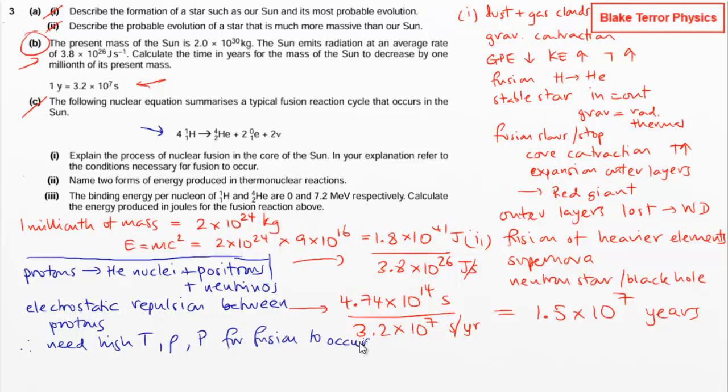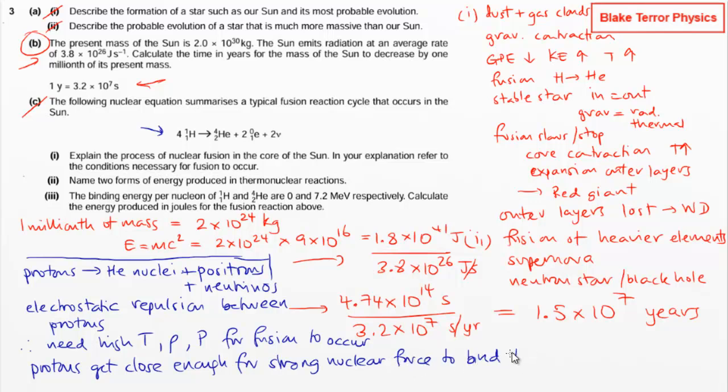If you can get them close enough, this is the thing. If you can get protons close enough under those conditions for the strong nuclear force, so you certainly want to be mentioning that somewhere in your answer, to bind them together. Then we've got the greater binding energy. This is one last bit you could put in.